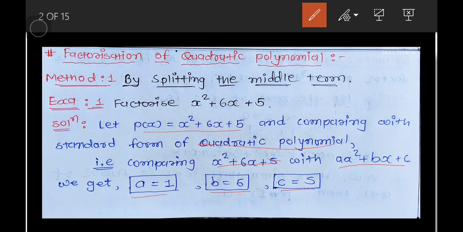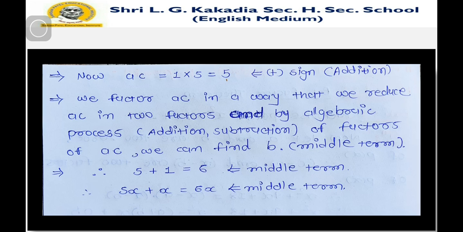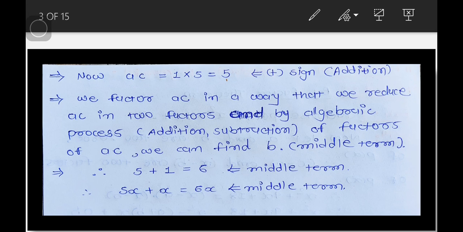Now how can we split the middle term of the given polynomial? Let me explain. We know that a is equal to 1 and c is equal to 5. First we multiply the coefficient of x square and the constant term. So we multiply a and c, and we get 1 into 5 is equal to 5.